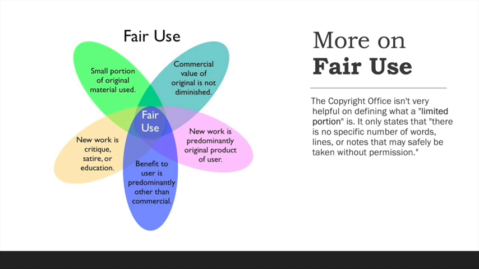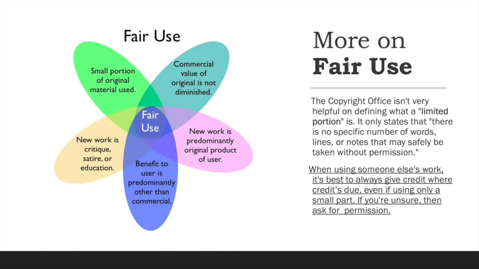The small portion of the original material used is also considered fair use. However, we also note that it's a slippery term and they don't define limited portion. Therefore, when using someone else's work, it's best to always give credit where credit is due, even if using only a small part.